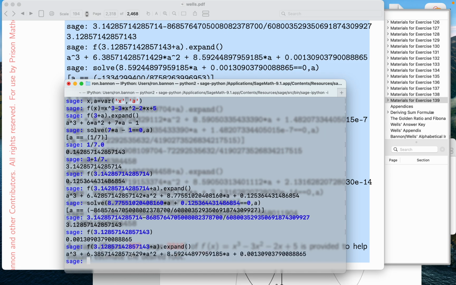All right. Let's do this now. Solve. I'm just repeating the same process over and over again. All right, hit return.